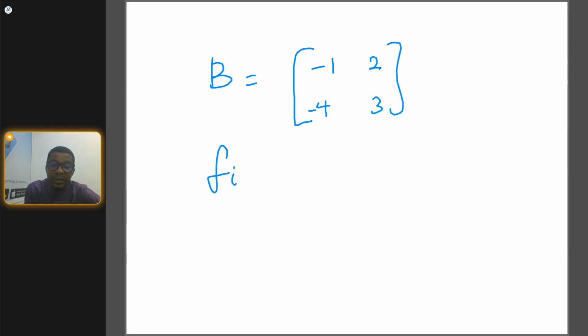If B is equal to minus 1, 2, 4, minus 4, 3, find B inverse. So you are asked to find the inverse of matrix B. Following the steps that I gave you, the first step is to swap this, this.